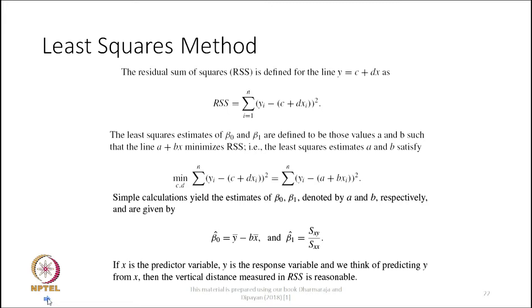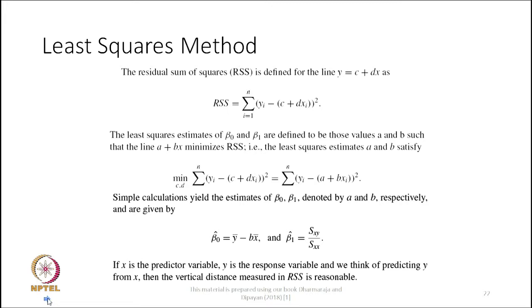That is the same as beta naught cap equal to the sample mean of y minus b times the sample mean of x, and beta 1 cap, that is the same as b, that is the same as s x y divided by s x x.